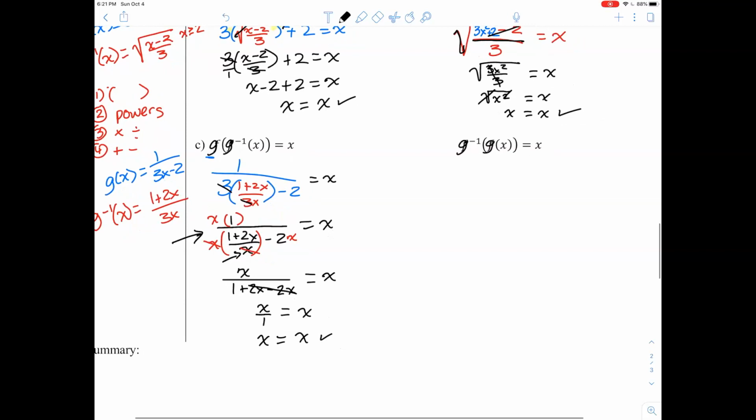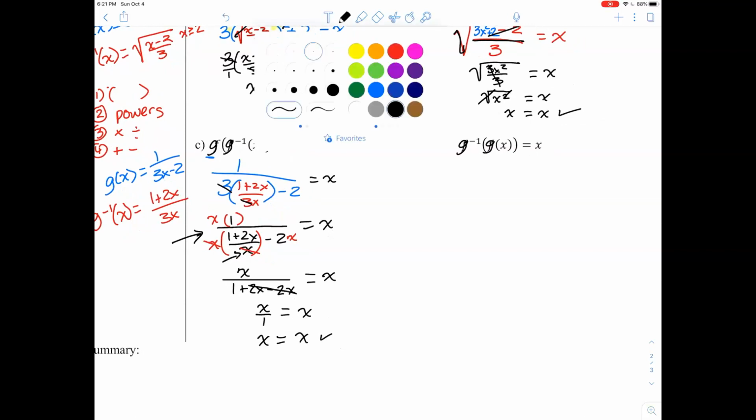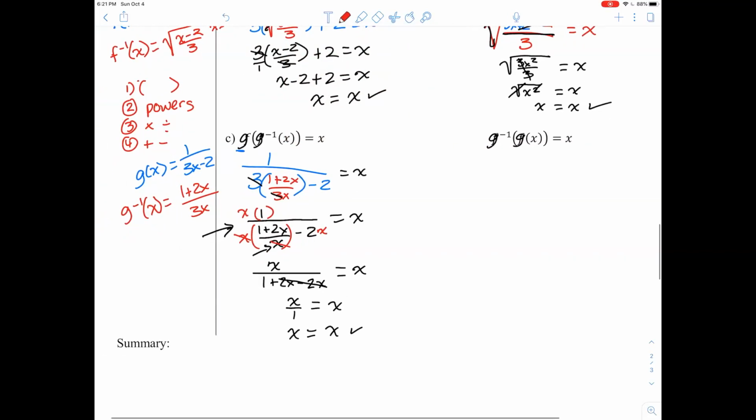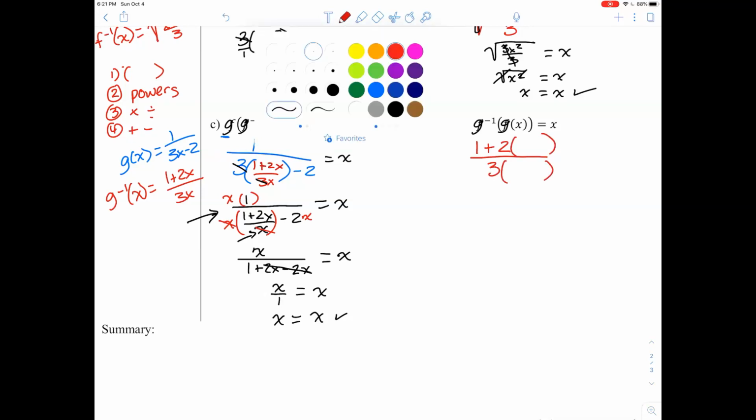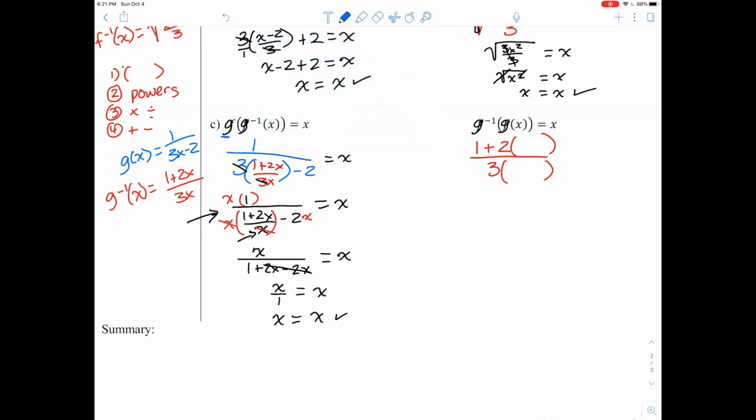Okay, then this other one here, we're going to do the g inverse of g of x. So let's write the g inverse out. 1 plus 2, take out the x, over 3, take out the x. So we're going to plug in our g of x function, which is 1 over 3x minus 2 and 1 over 3x minus 2.